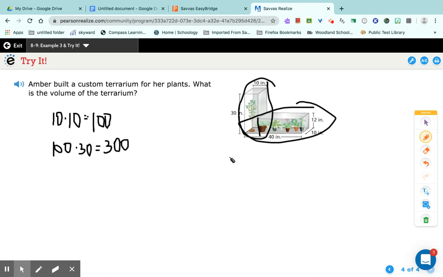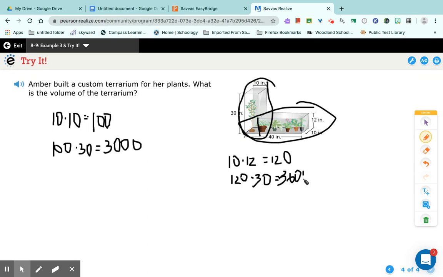So for number 2, we have 10 by 12, which we know would be 120. And we multiply 120 by 30. So 120 times 30 is, oops, I forgot to put my 0 there, 3,600.